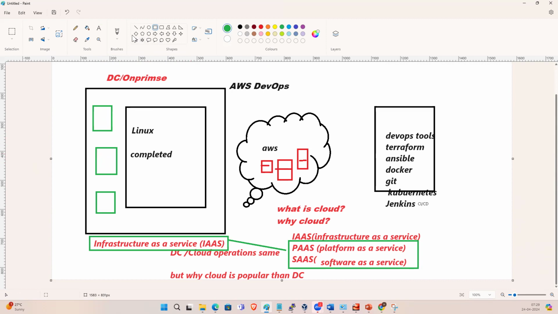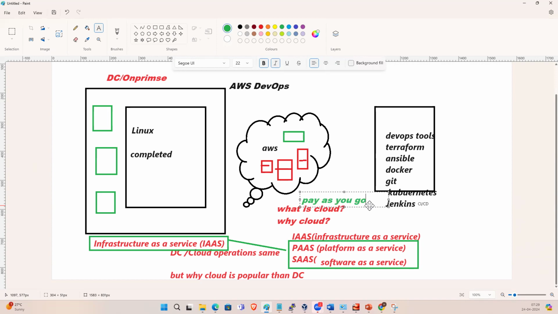But in AWS, a big advantage is that we pay only when we use the server. What is the slogan, guys? Pay as you go. The slogan is pay as you go.